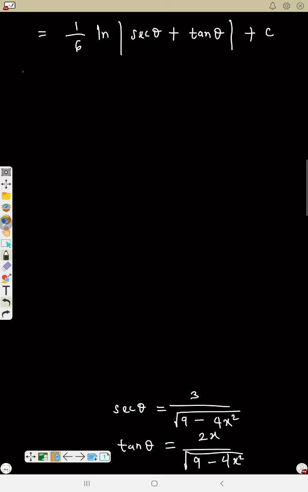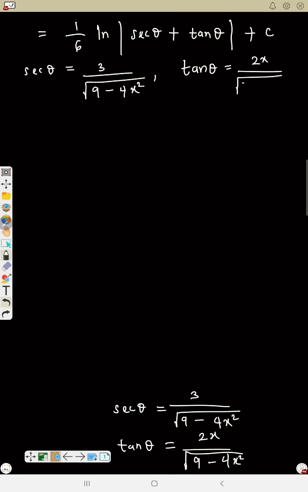So from here, I can say sec theta is equals to 3 over square root of 9 minus 4x square. Likewise, tan theta is equals to 2x over square root of 9 minus 4x square. So if I put it in this expression, I'll have 1 over 6 ln, small letter l, n.